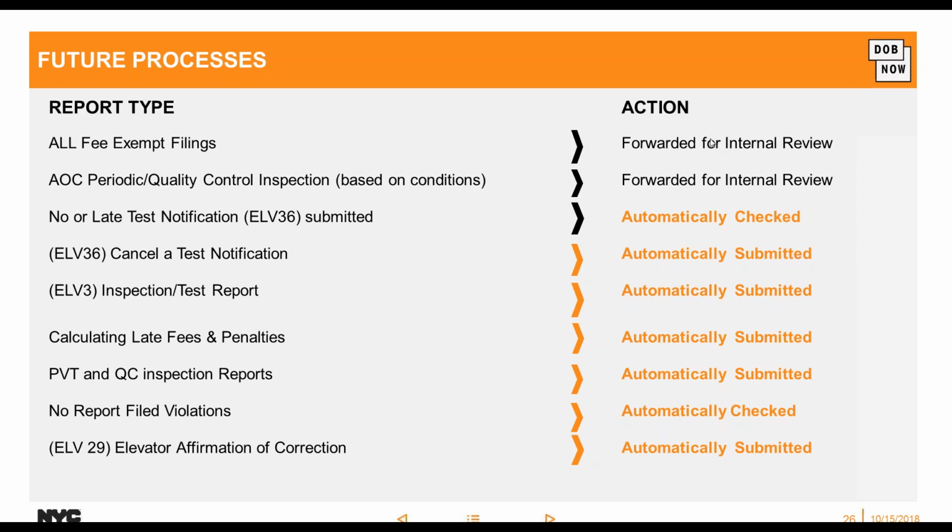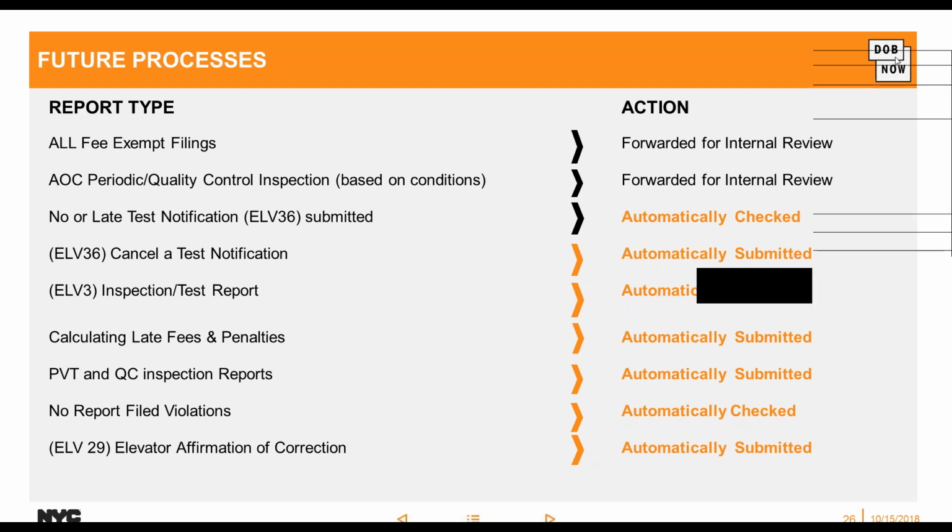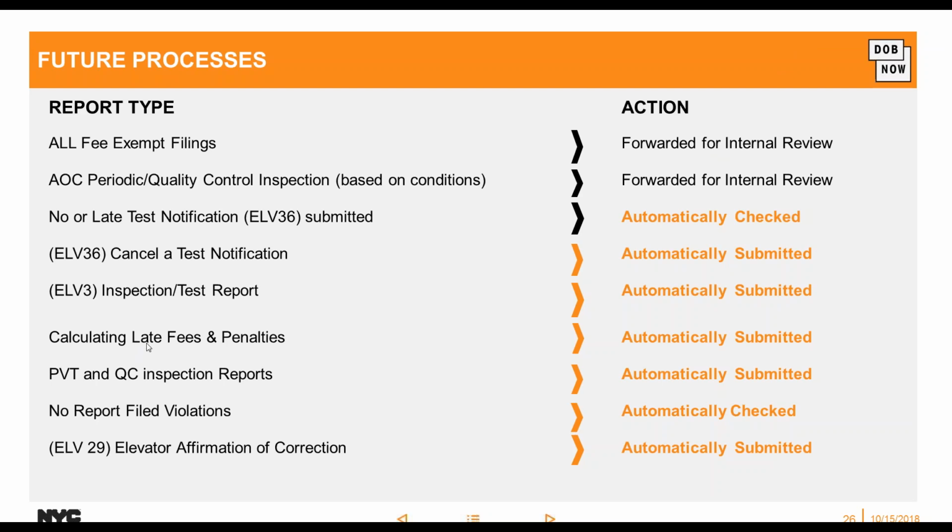ELB3 inspection test report, automatically submitted. And calculating the late fees and penalties, the system automatically calculates that as you move through the filing process. PVT and QC inspection reports automatically submitted. No report file violations automatically checked. ELB29 elevator affirmation of corrections automatically submitted.